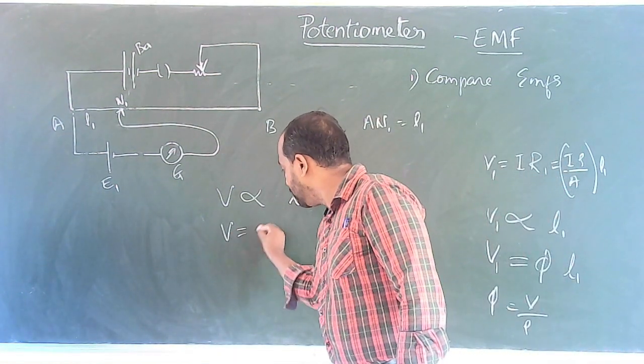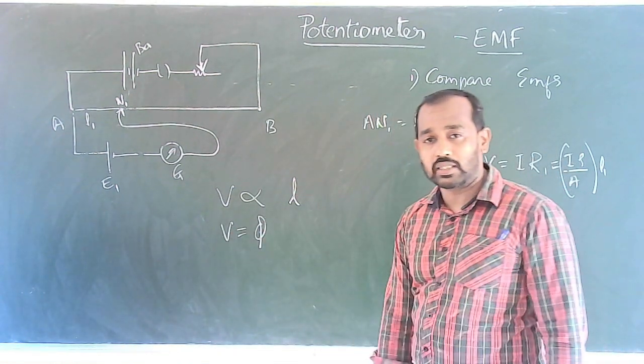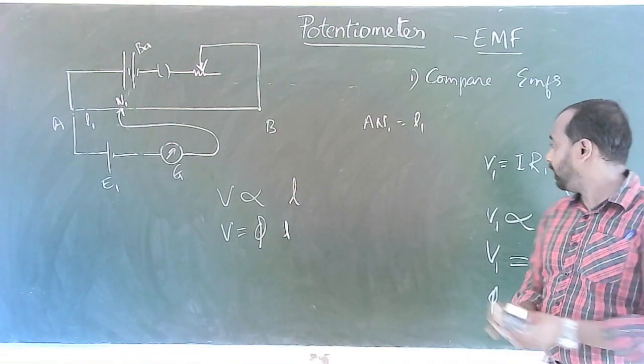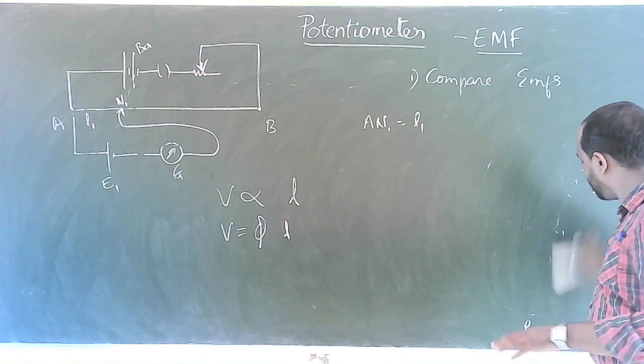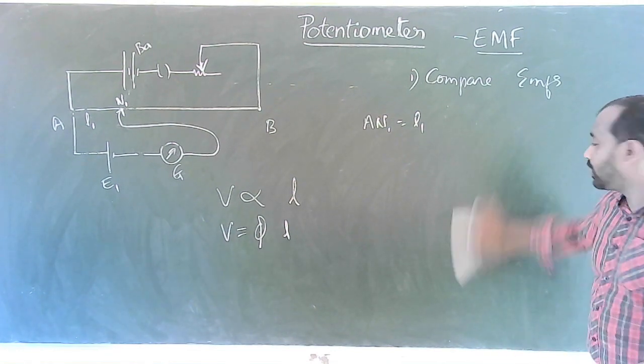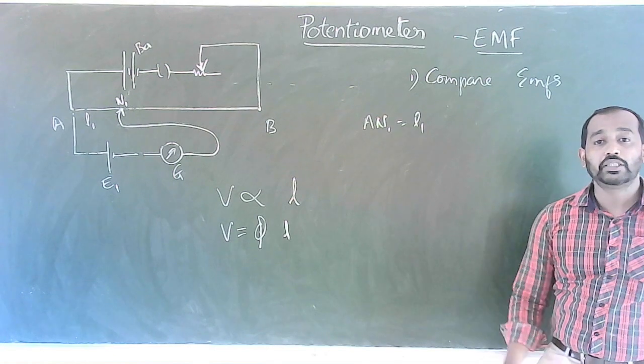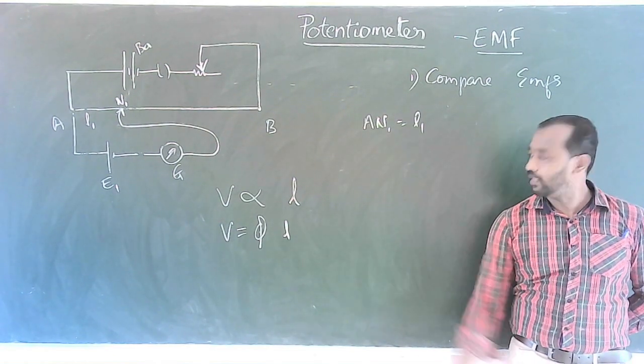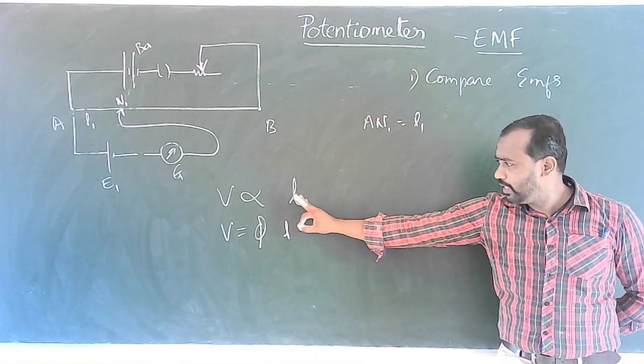To form an equation, we introduce a proportionality constant phi into L, where phi is the potential drop per unit length. I have explained how we obtained that with the proof, from the knowledge gained in the previous classes. All we need is this much.